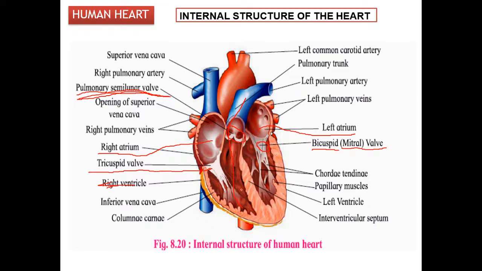To avoid that backflow of blood, there are walls present. There is a semilunar wall in the pulmonary trunk, a tricuspid wall between the right atrium and right ventricle, and a bicuspid wall between the left atrium and left ventricle, and these walls prevent backflow of blood into the heart or away from the heart.